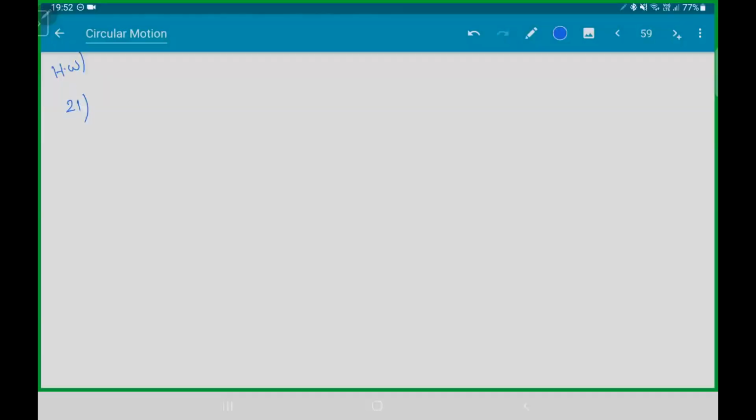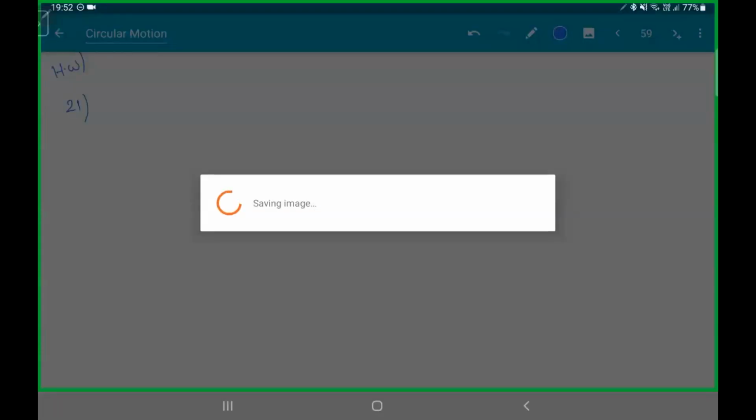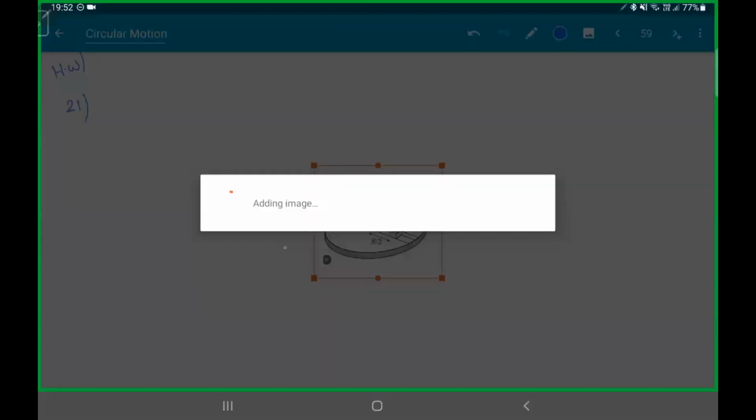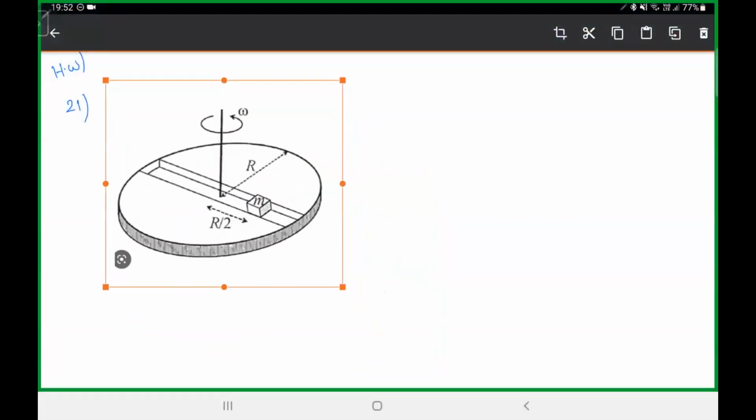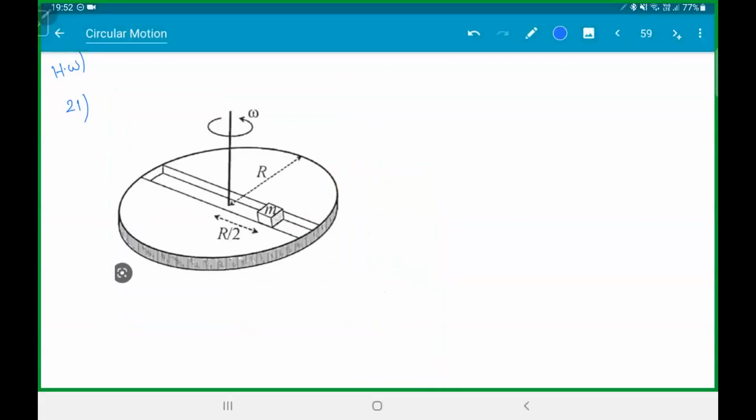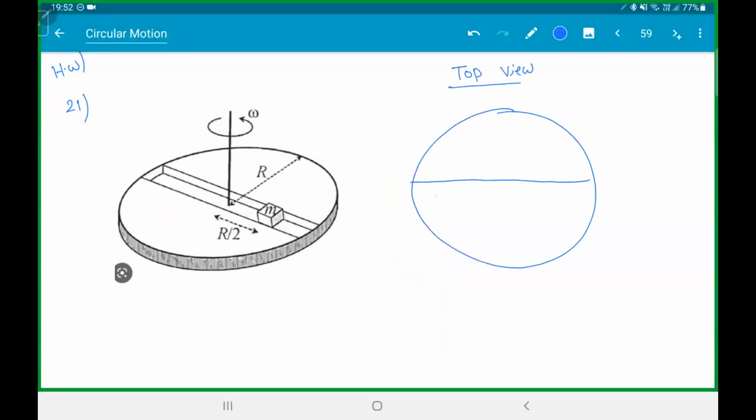Next one, we have a groove like this. If you see this in the top view, you kept the ball here.